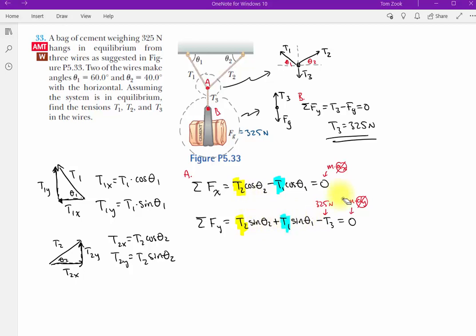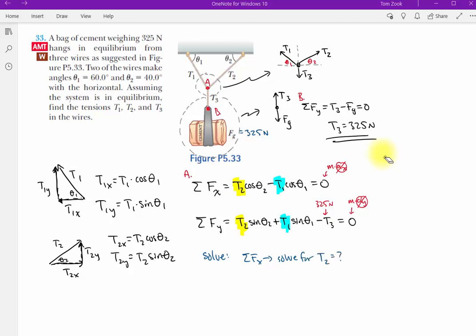So the best method here to get to a solution is to take the sigma fx and solve for T2.